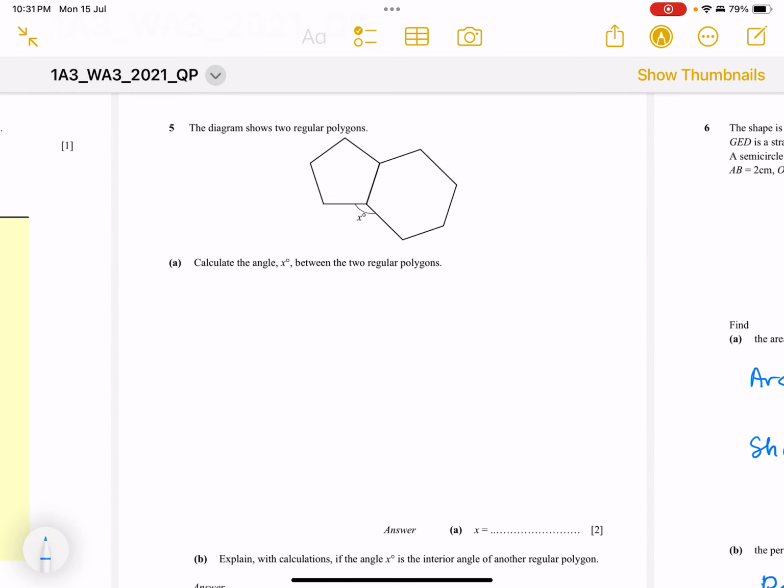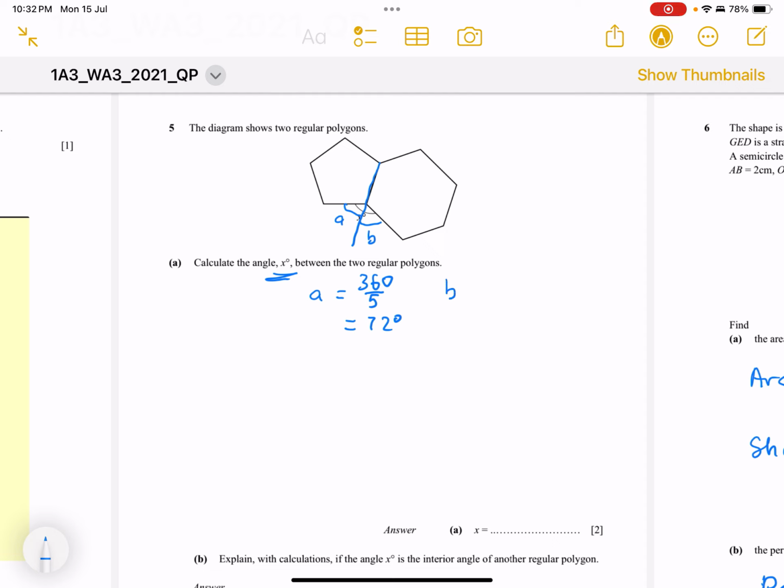Here the diagram shows two regular polygons, and we have to find x. Now if we extend this side, we know that x is made up of two exterior angles, right? The exterior angle for the pentagon we call A, exterior angle for hexagon we call B. The exterior angle for the pentagon is 360 divided by 5 using the exterior angle formula, giving us 72 degrees.